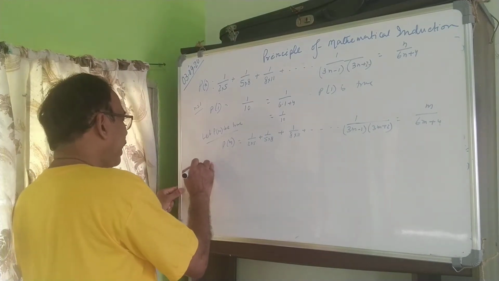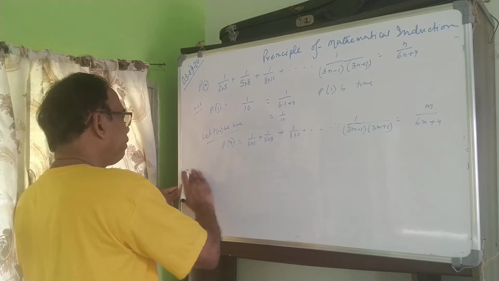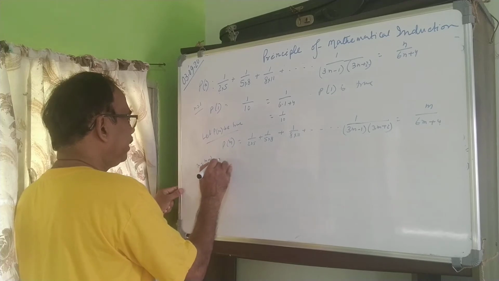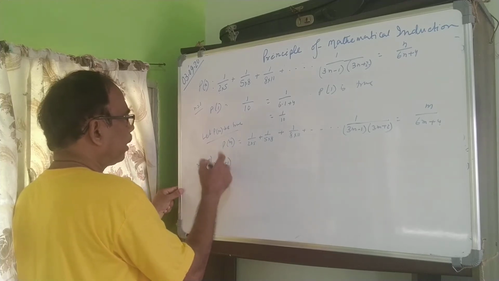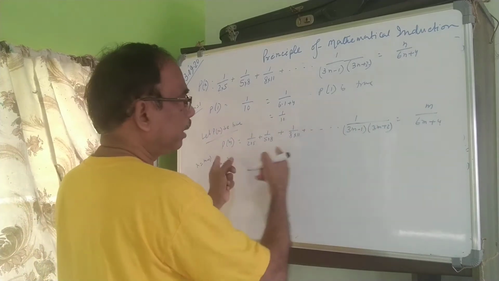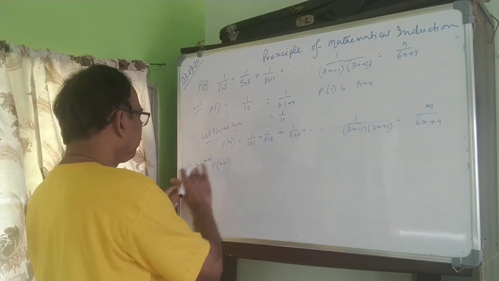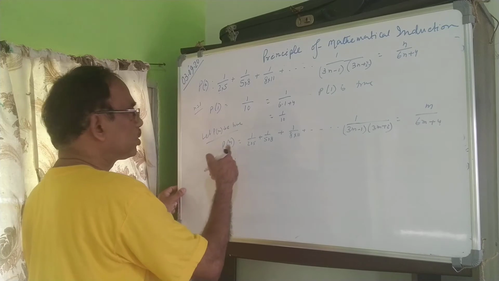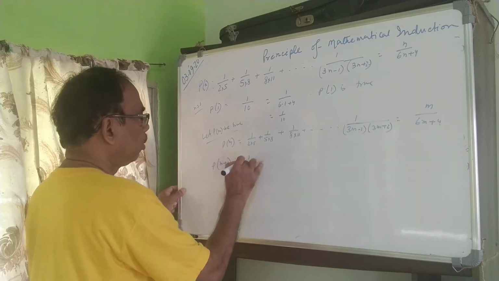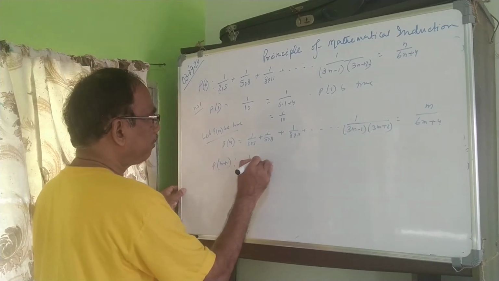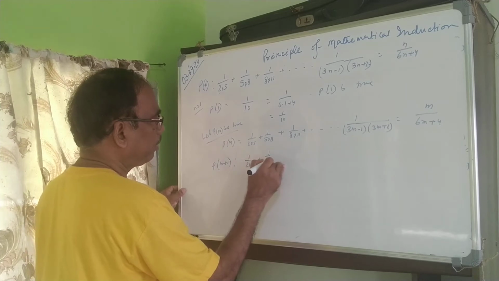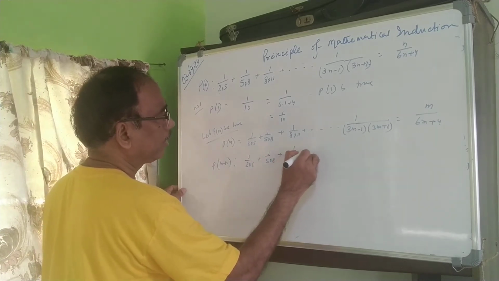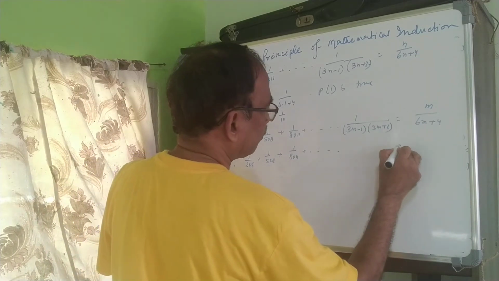Then put n equals m plus 1. Then P(m+1), putting m plus 1 instead of m: 1 by 2 into 5, 1 by 5 into 8, 1 by 8 into 11, and so on.